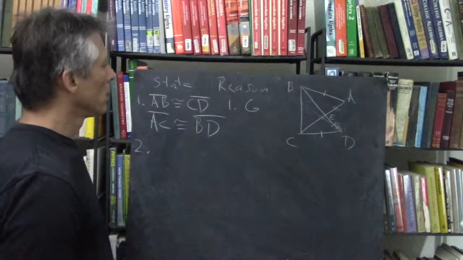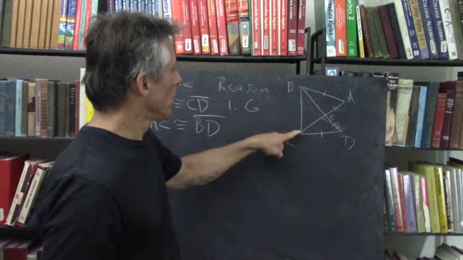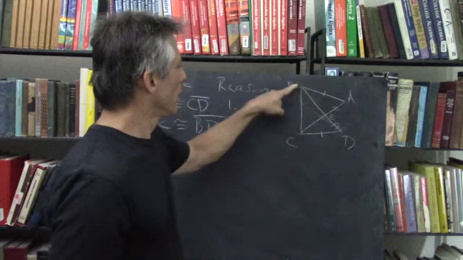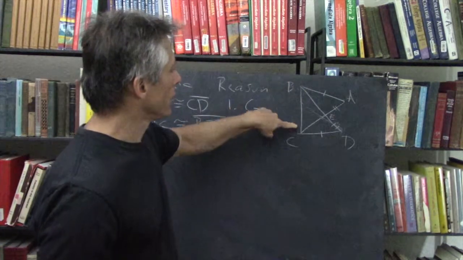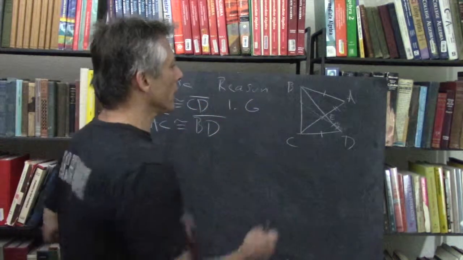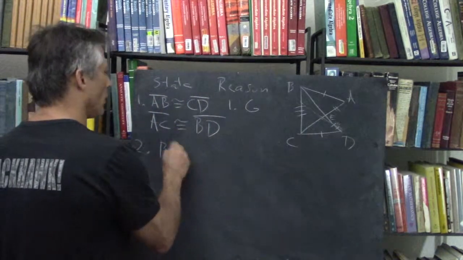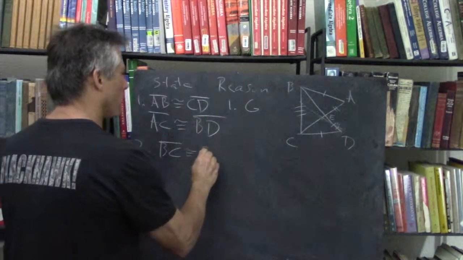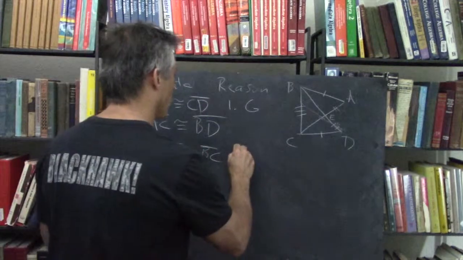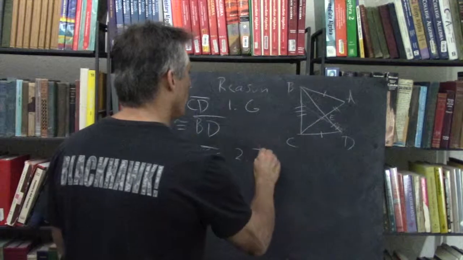Then we see that in this triangle and in this one, they both share this. My finger went over this when I did each triangle, so we know they have in common the third side. So BC congruent to itself. You can call that reflexive of congruence or identity.